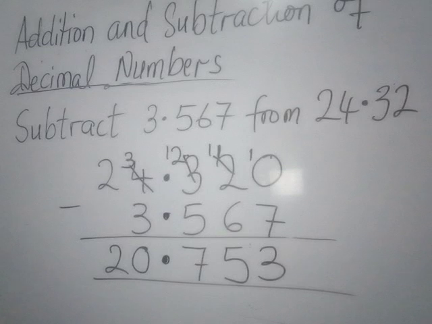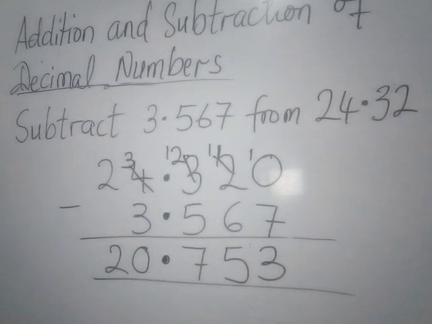Make sure the last digit before the point aligns with the last digit before the point in the second number. Make sure the first digit after the point in the first number aligns with the first digit after the point in the second number. Those are the basic things that you need to look at whilst you are arranging your numbers for either addition or subtraction of decimal numbers.